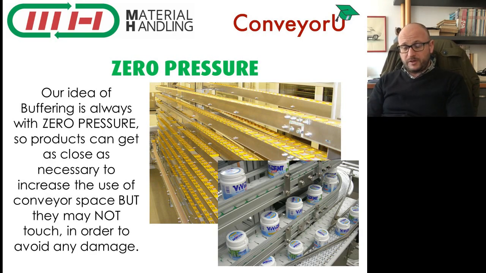But they must not touch each other, because if you have long buffering queues, the pressure against the products is going to be extremely high, and the products are going to be damaged. So in our opinion, of course, the buffer must not have accumulation. The products must be very close one to the other, but never touching.